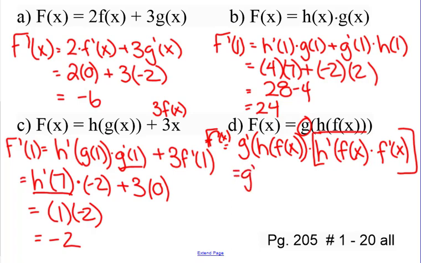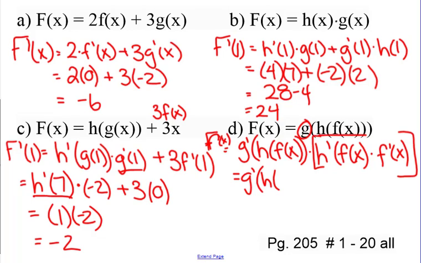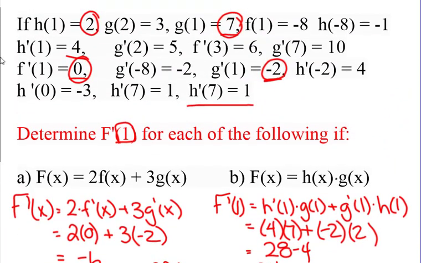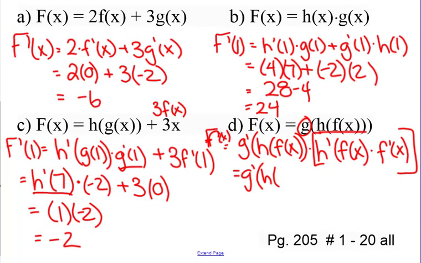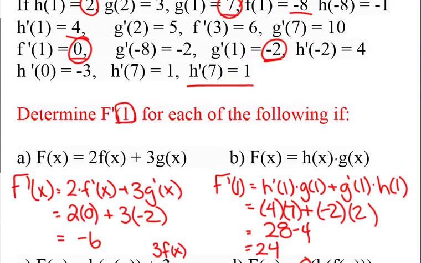Okay, g prime of h of f of, we're doing this at 1, so f of 1 is -8. Times, we've now got our h prime of f of 1, also -8, times our f prime of 1.